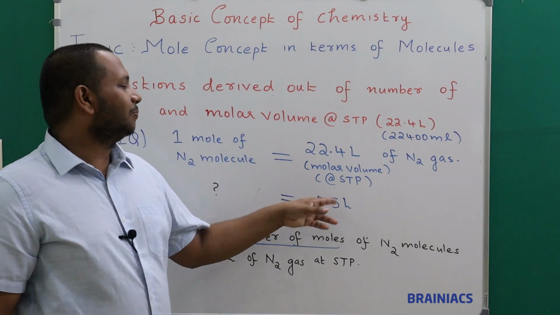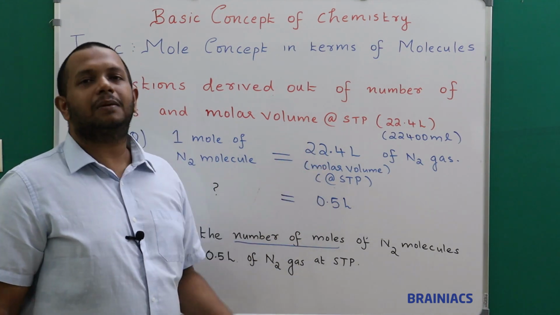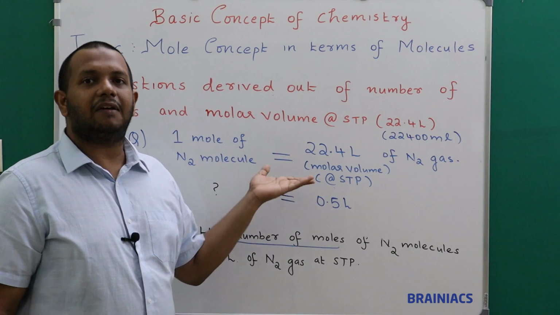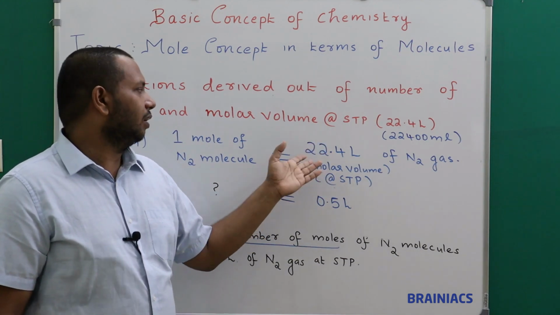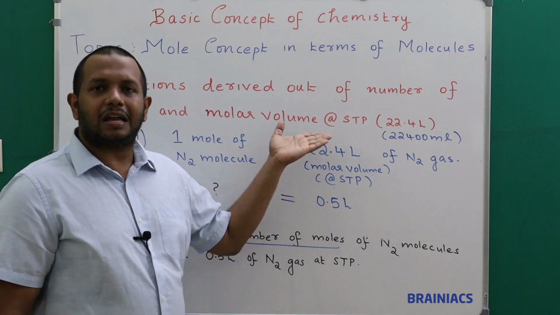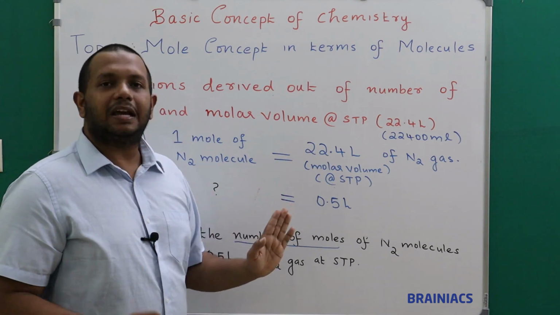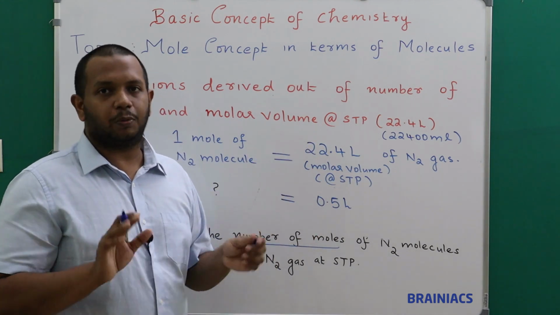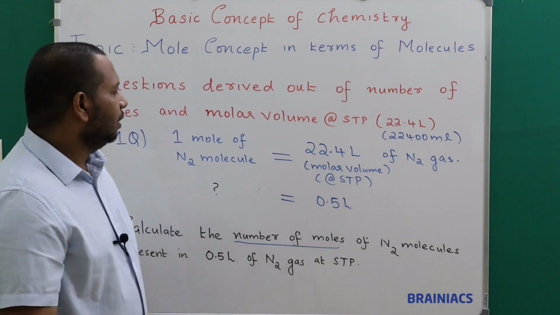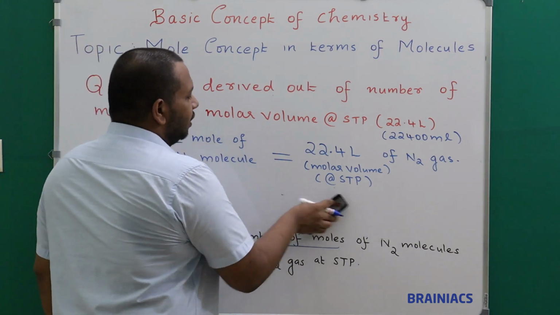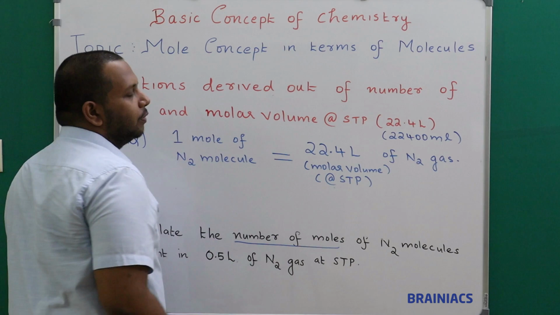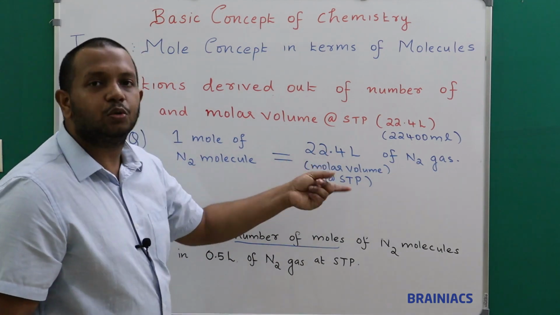0.5 is a very easy value. To get 0.5 here, 22.4 should be divided by 11.2. I think 11.2 can be easily converted to 0.5. But think like you don't know how to get that 11.2. What will you do in this case? First you need to convert this value to 1 liter.